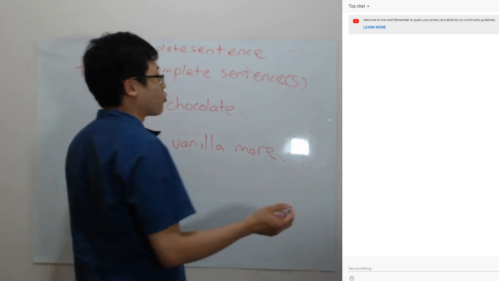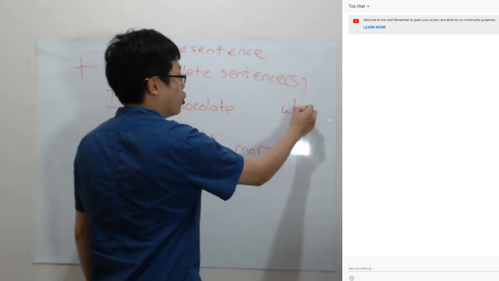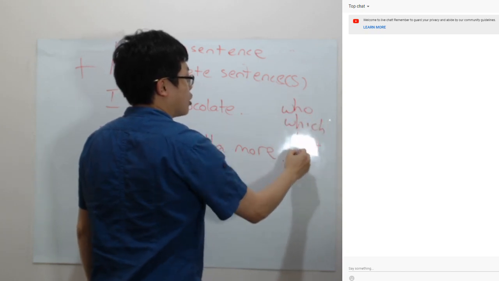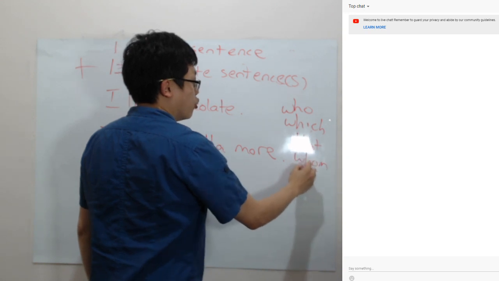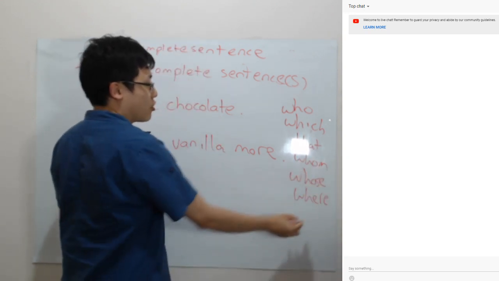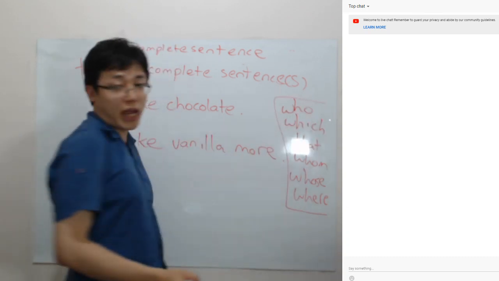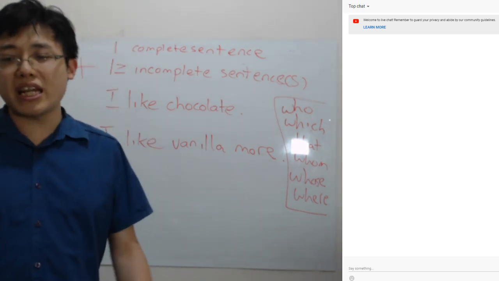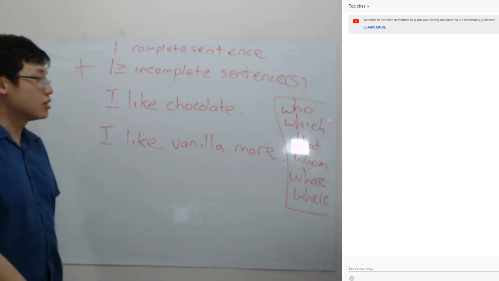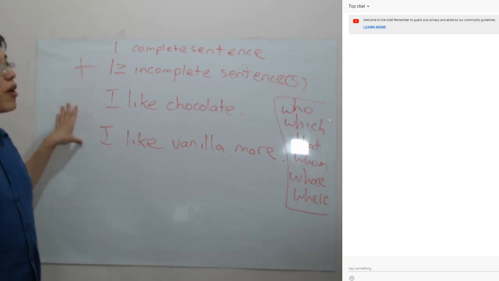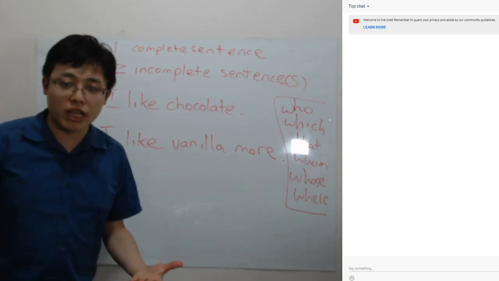Relative pronouns are the words like who, which, that, whom, whose, where. Once you use the relative pronoun, the sentence immediately becomes complex. Now, in this sentence, it would be very difficult to do that, so I'm going to give you another sentence.